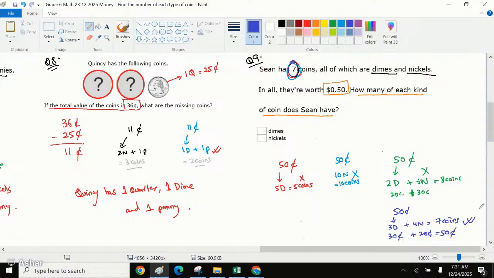That means this option is the correct one. So how many of each kind does Sean have? Sean has 3 dimes and 4 nickels. Okay, so this is our answer.